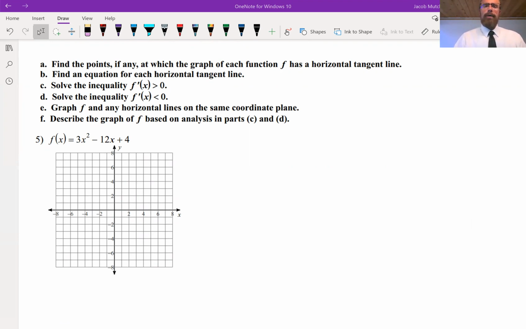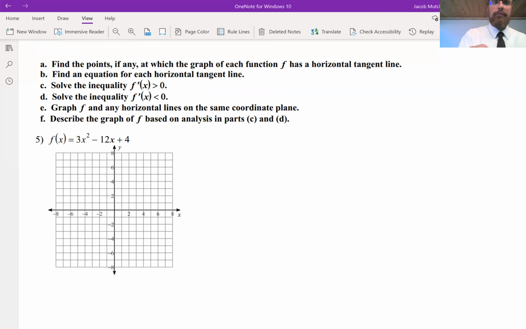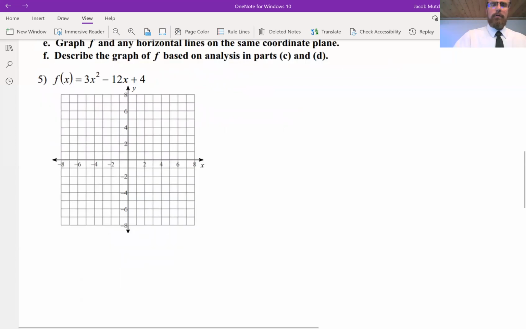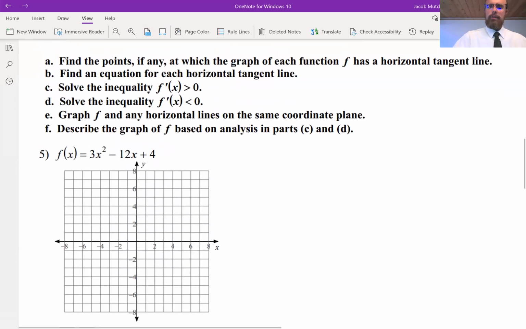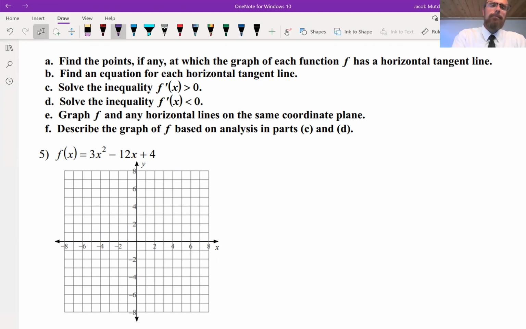So let's move that out of the way and give ourselves the 100% view. So in this case, we got 6 tasks. The first one is to find the point at which the graph of the function has a horizontal tangent line. So what we'll start with, again, is just finding the derivative of f of x.